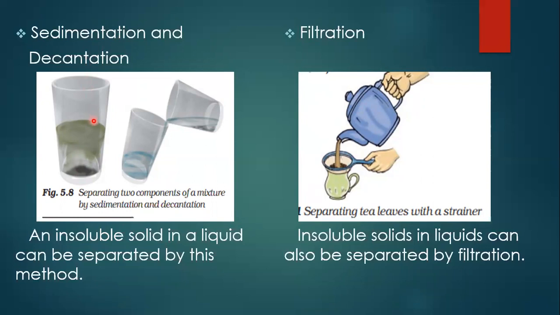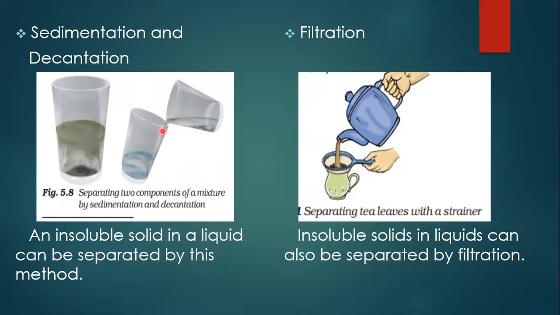The insoluble solid is heavier than water, so it settles down at the bottom. That is sedimentation. Then the water can be decanted. Decanted means taken out to another vessel. The first figure shows sedimentation, and the second figure shows the water being decanted.